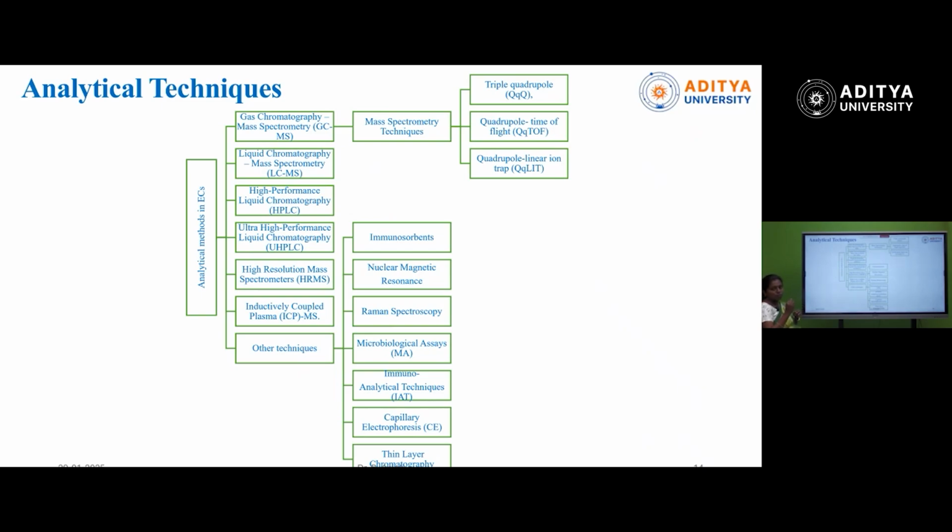For example, if you want to find a sensitive or targeted compound, we can focus with mass spectrometry: triple quadrupole, time of flight, and linear ion trap. With these, we get selective ions only. And one facility in GCMS is that you will get the molecular structure also for the transformed byproducts.